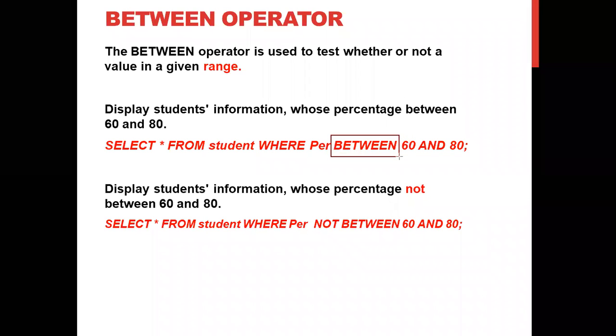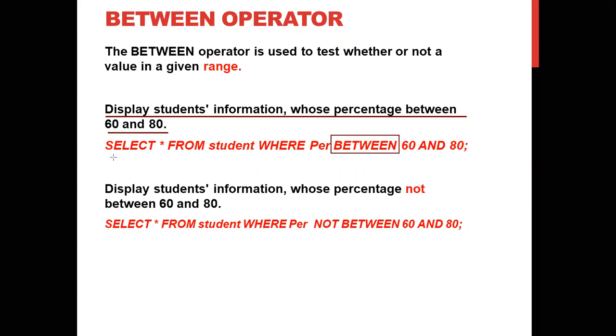For the syntax, to display the information of students whose percentage is between 60 and 80, we write select star from student where per, this is the column field, BETWEEN, this is the condition, 60 and 80. Here 60 and 80 both are included.